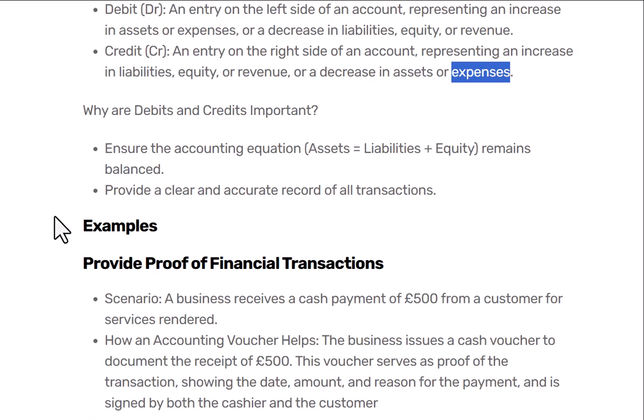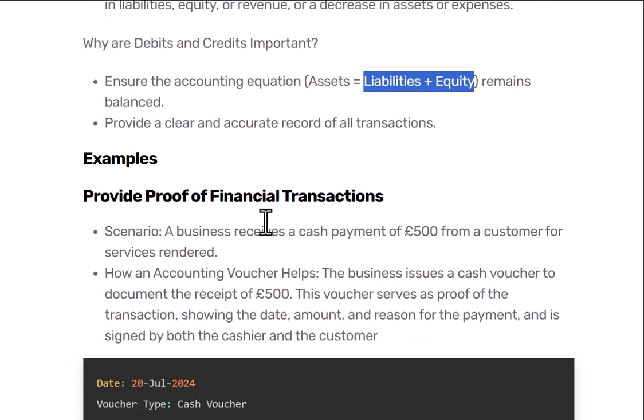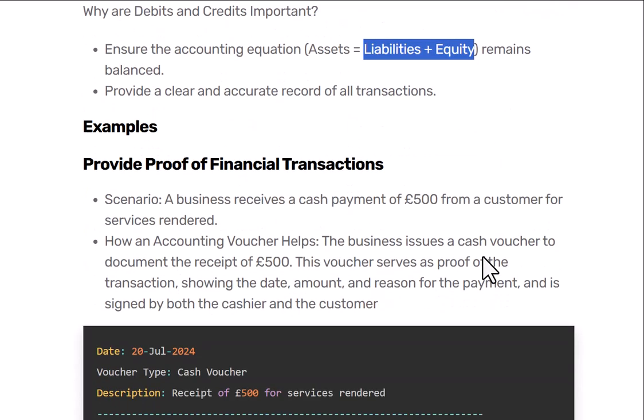So why is it important? It is the entry point that ensures we always have balanced accounting. What does balanced accounting mean? It means the assets are equal to liabilities and equity, and it gives us an accurate record of all transactions.